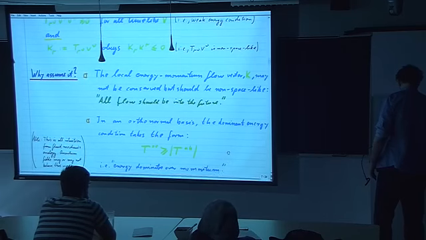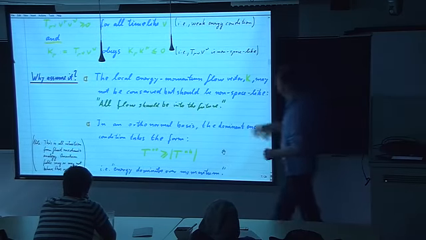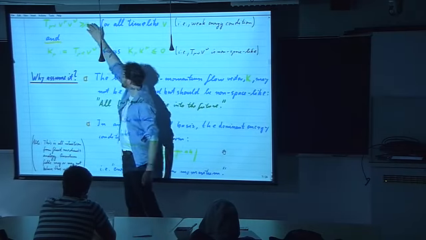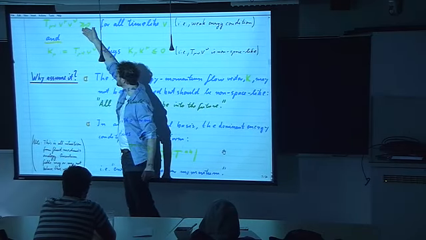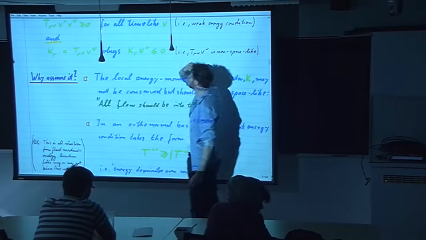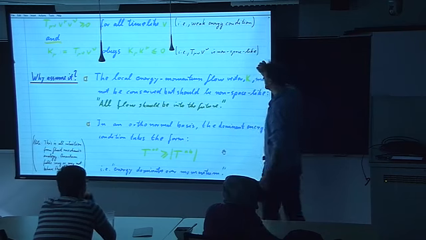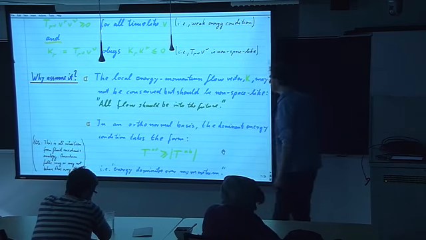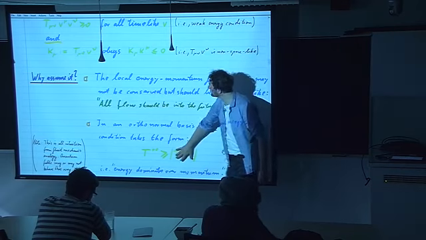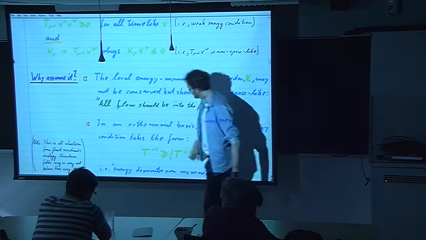Okay, so we have this additional condition, the weak energy condition, which is saying that the energy density ought to be positive, is supplemented by this condition here that makes it the dominant energy condition. And in an orthonormal basis, the dominant energy condition takes this form.